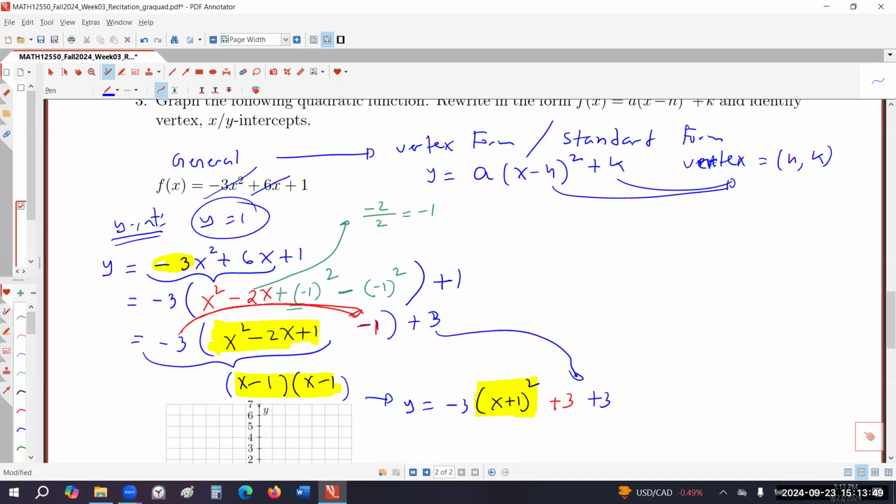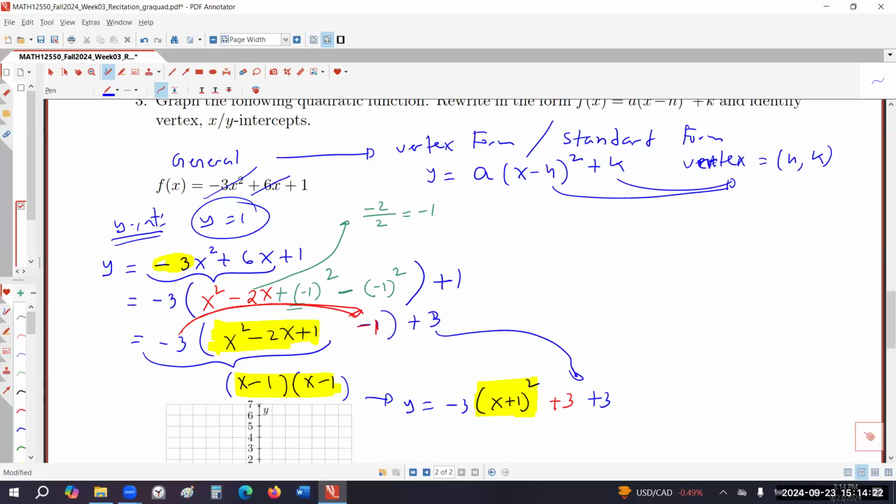So we get x squared minus 2x plus 1, and we get -1 here. Now we need these three to factor, but we did not use -1, it was extra. So the extra thing, we have a -3 on the front. So when we take out this -1 from inside the parentheses, it doesn't stay -1, it becomes -3 times -1, which turns into +3.